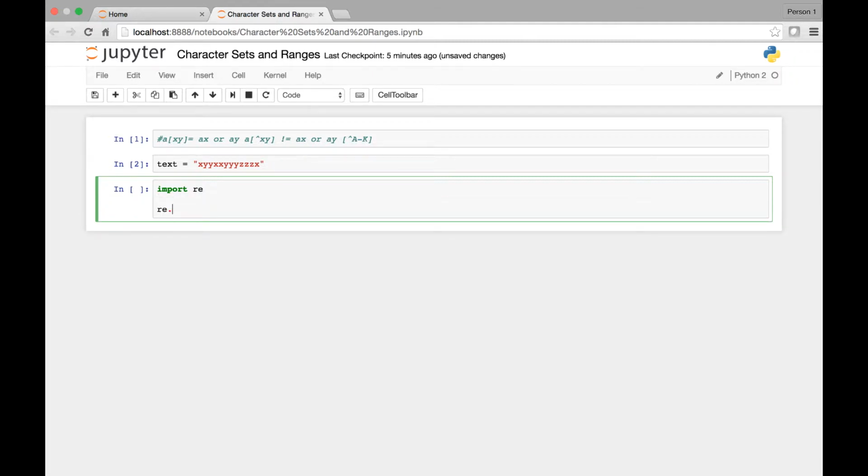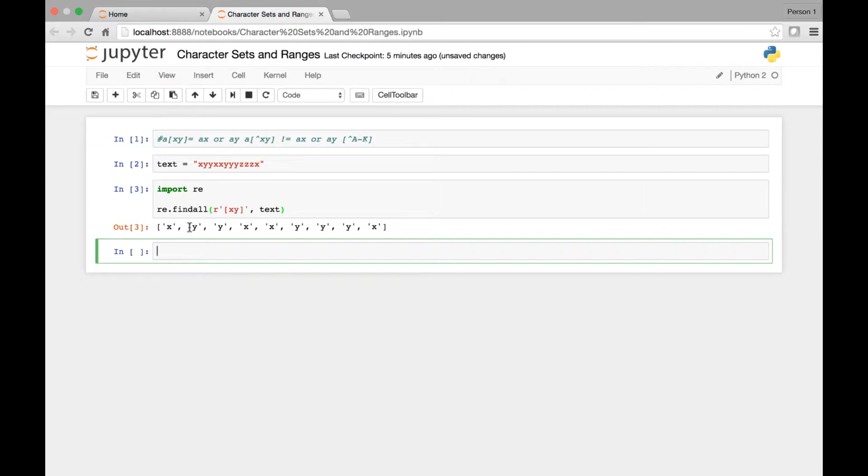Then we have re.findall, r, and then my pattern followed by my text string, right? So for my pattern, I will pass a character set [XY]. So this will match X or Y. Let's run it.